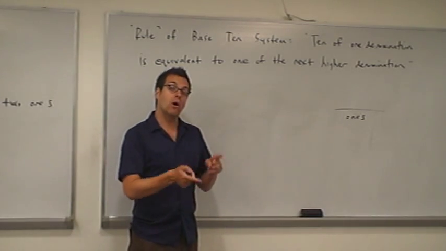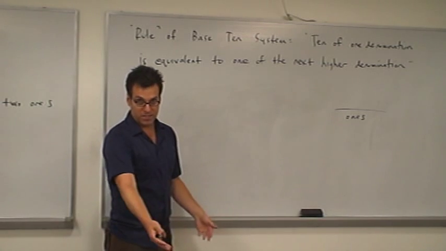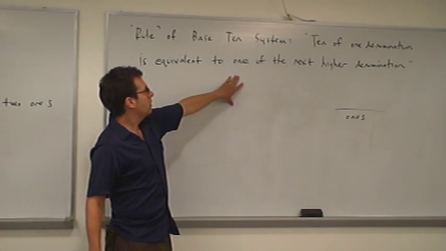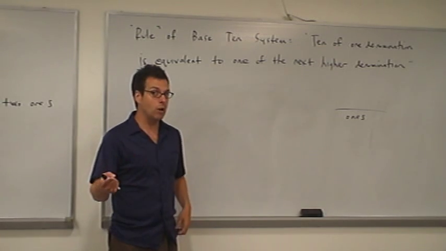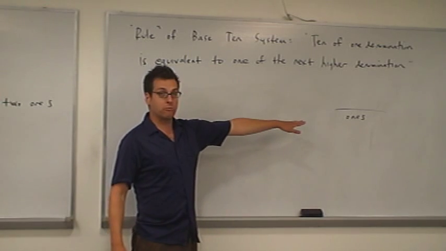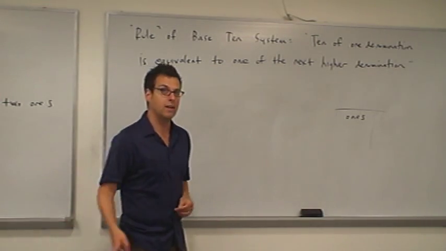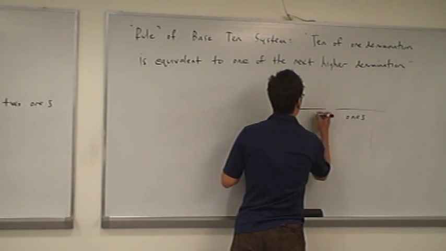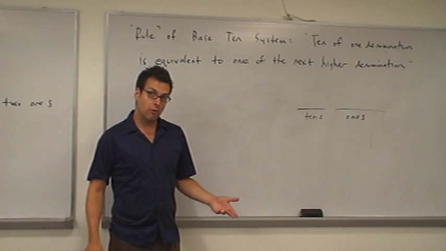The place value one higher than that, we can find either by our counting sticks example or simply by our rule of the base 10 system, which says that 10 of one denomination makes 1 of the next higher denomination. If our first denomination is the ones place, since 10 ones is equal to 1 ten, then our next denomination is going to be the tens place, and so on and so forth.